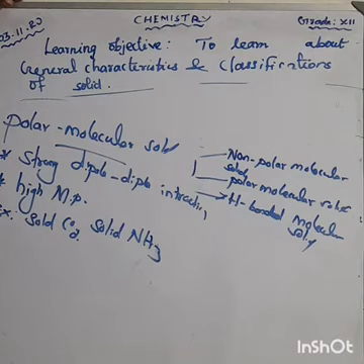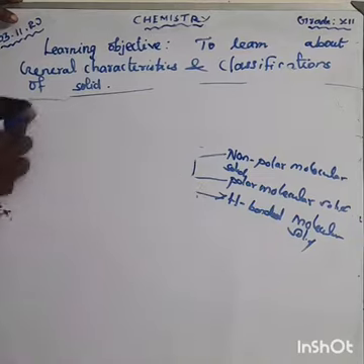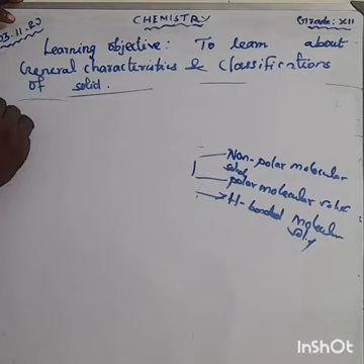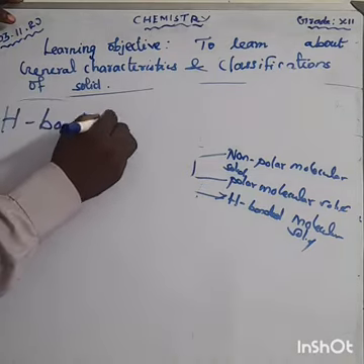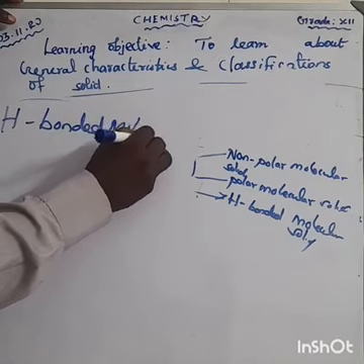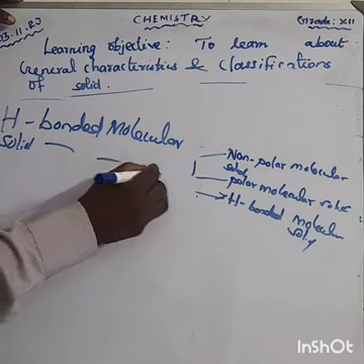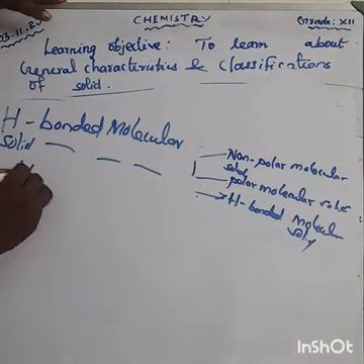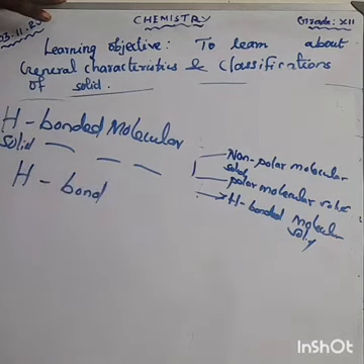Next one is the hydrogen bonded molecular solid. Here the constituents are held together by hydrogen bond. The atoms or molecules or ions are held together by which bond? Hydrogen bond.